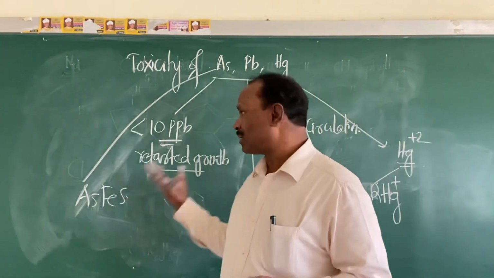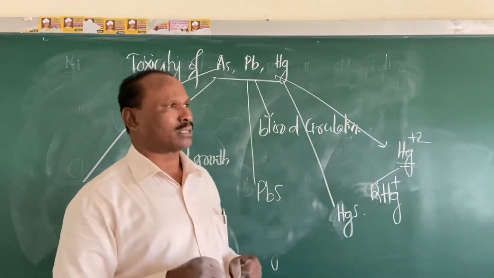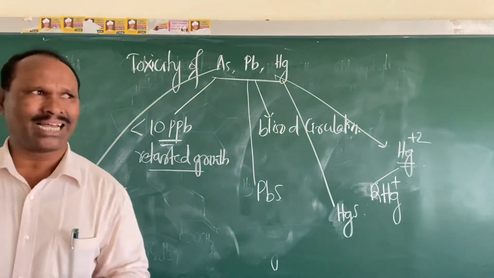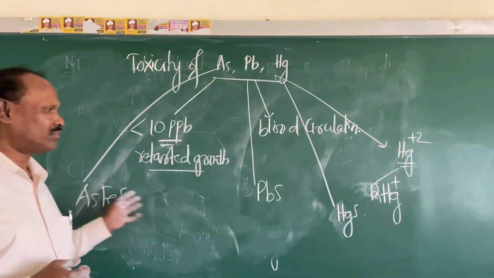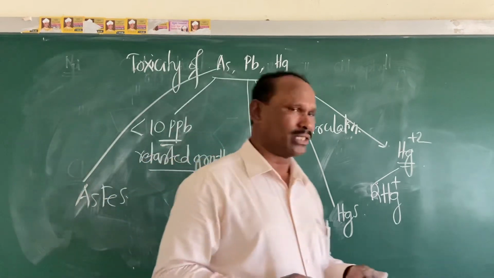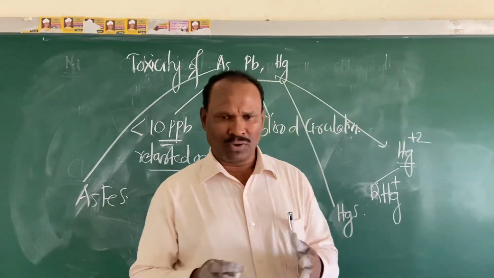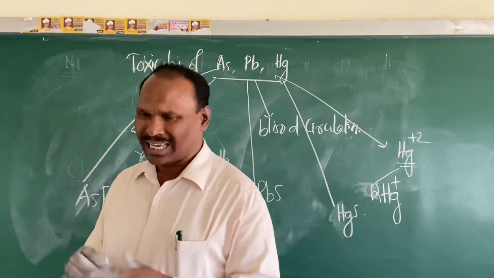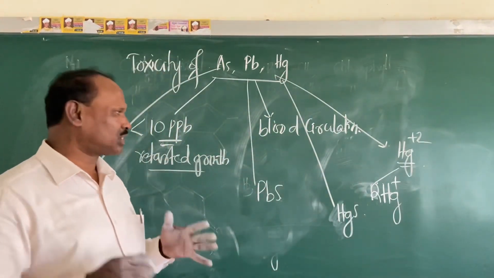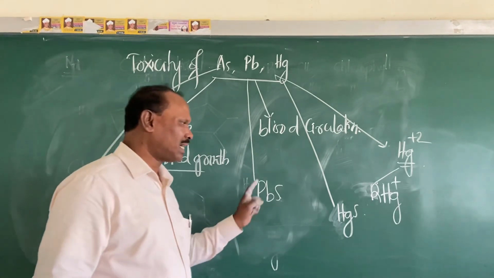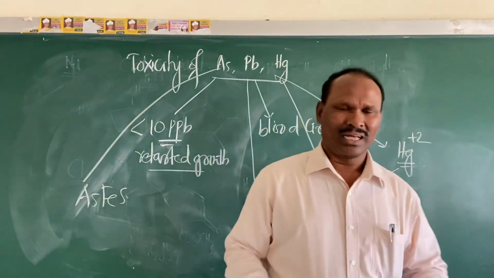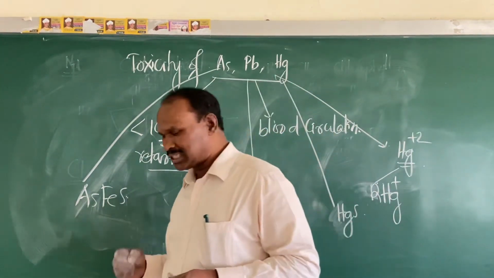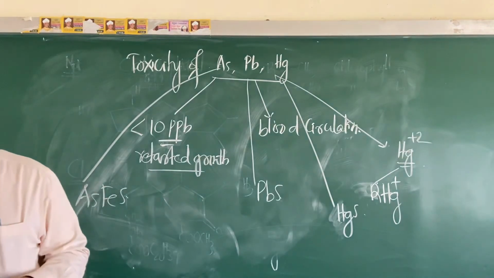The fishes take up these poisonous substances and when we eat these aquatic plants and fish, it enters into our body and damages the system. So before industrial waste is released into the rivers, care must be taken. The concentration of arsenic, lead and mercury must be very low. Is it right? So this is how you can explain if the toxic effects of arsenic, lead and mercury are asked.